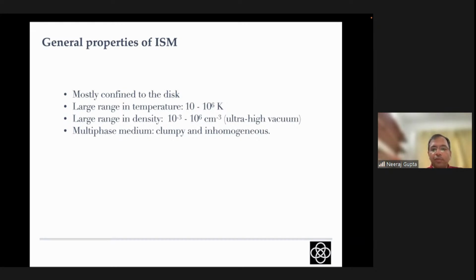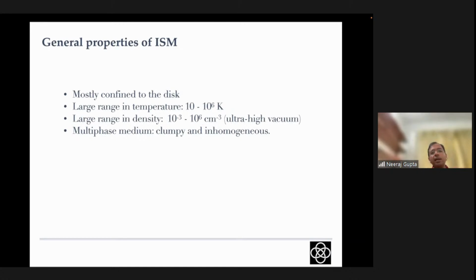If the gas has been photoionized by stars, then it will typically have temperatures of 10^4 Kelvin. But gas can also be shock heated and ionized, and in those cases, the temperatures can be as high as 10^6 Kelvin. That typically goes by the name of coronal gas in our galaxy. Similar to temperature, the density also shows a very broad range, 10^-3 to 10^6 per centimeter cube.